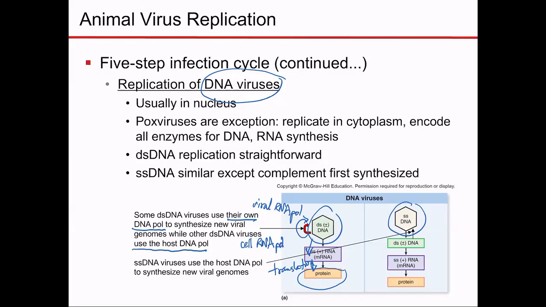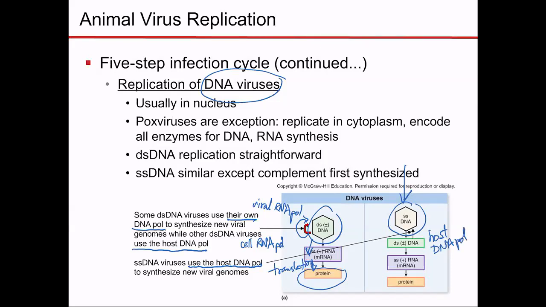Now, in the case of single-stranded DNA viruses, to replicate the genome, they always use the host DNA polymerase. They don't bring their own DNA polymerase. So as soon as the genome of the virus, the DNA, is released into the cell, the virus will use the host DNA polymerase to start the replication of that DNA, to produce copies of that viral genome.